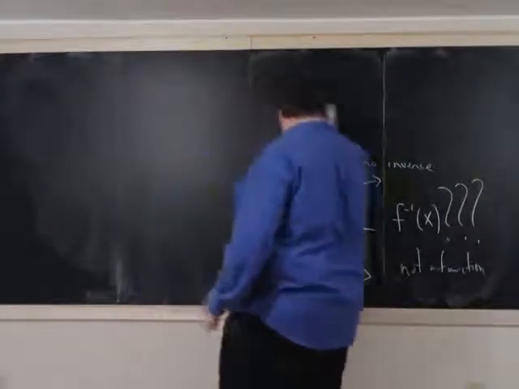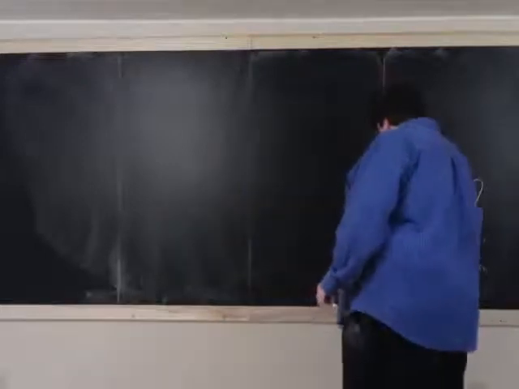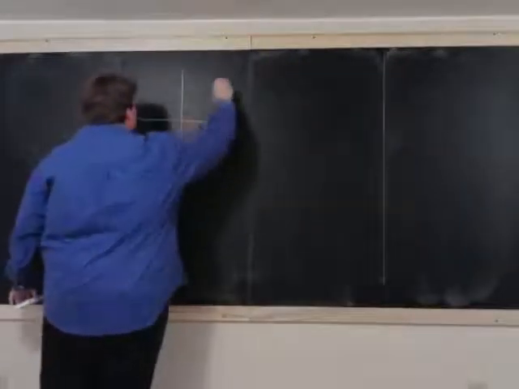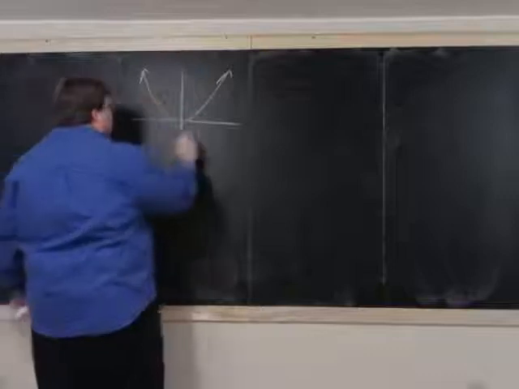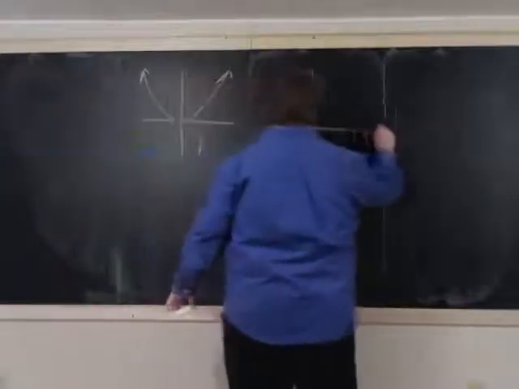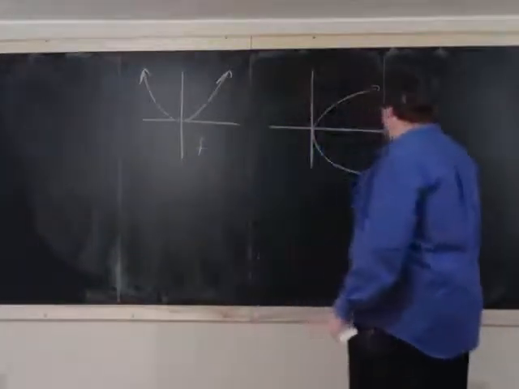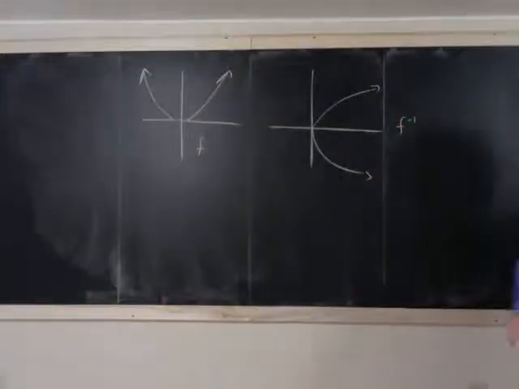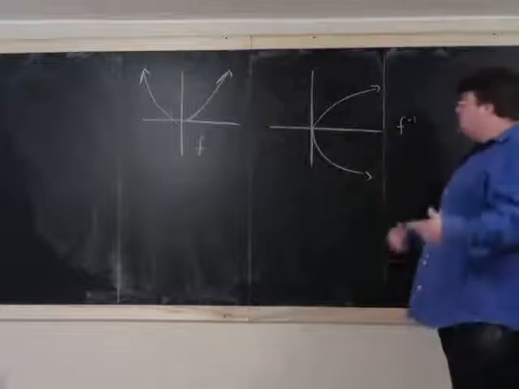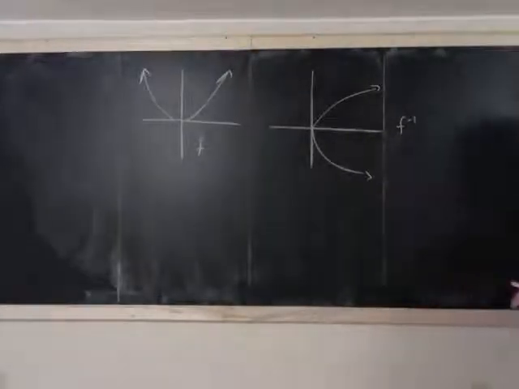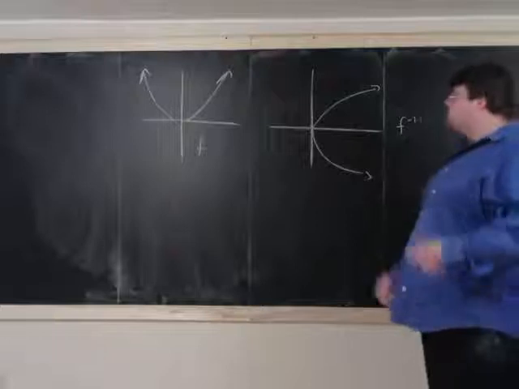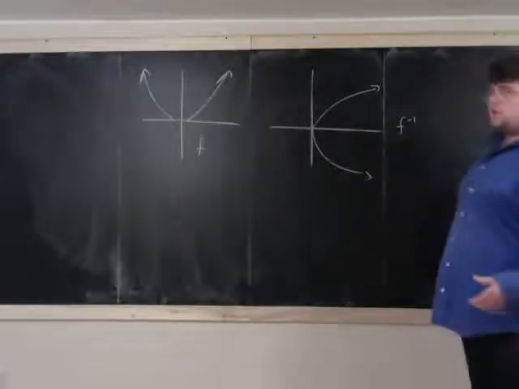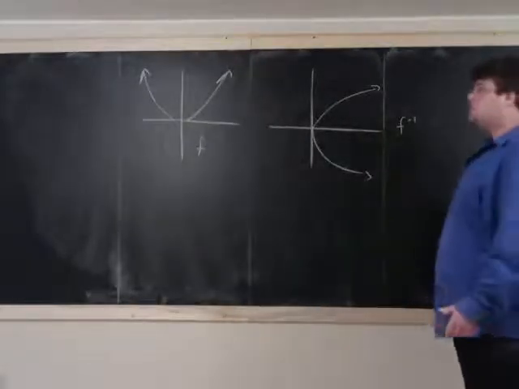I'd rather have the entire chalkboard for the next part. What we have using the graphs is that f looks like this, and f inverse would look like that if it existed. But we want this to be a function. In other words, we want to remove where it does not satisfy the vertical line test.